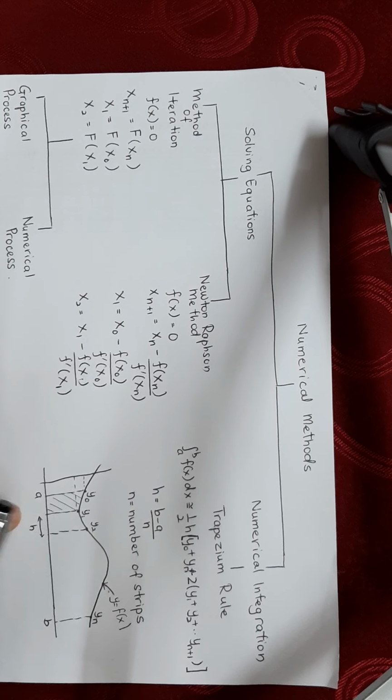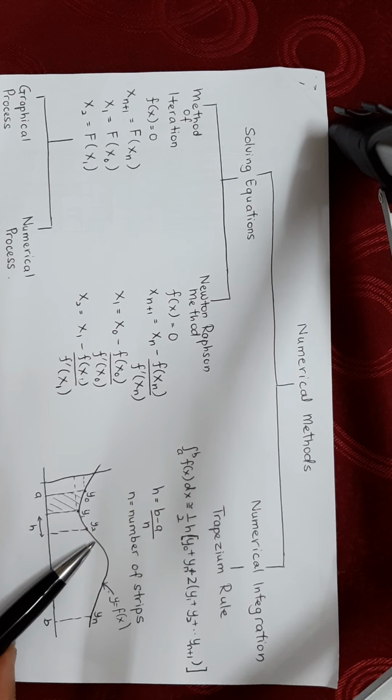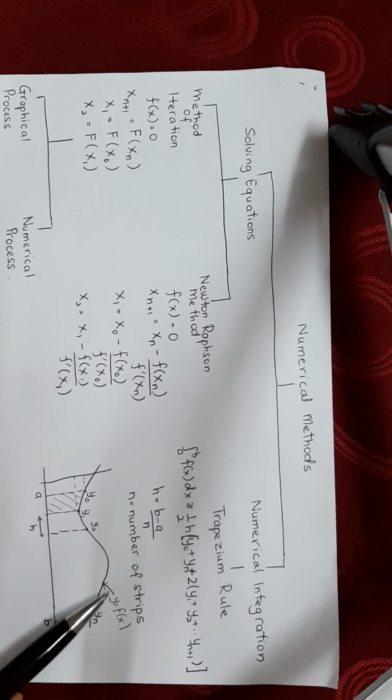You will have values of y from y naught, the first value, then y1, so from y naught to y1 you have one strip, y1 to y2 another strip, and so on, y3, y4, y5 up until yn.